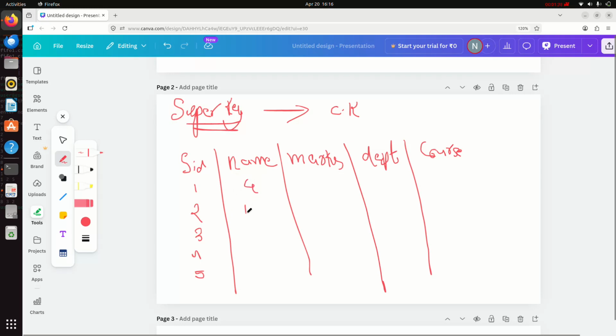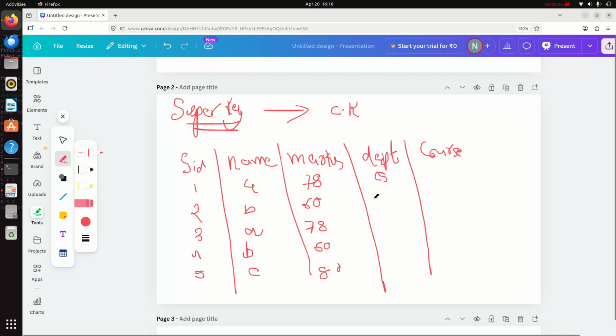Names A, B, C. Then marks as 78, 60, 78, 60, 80.